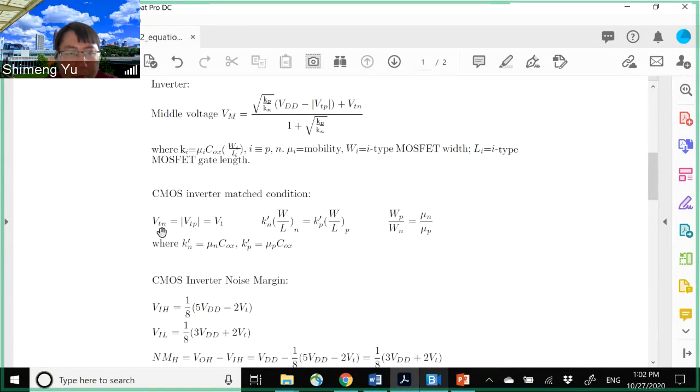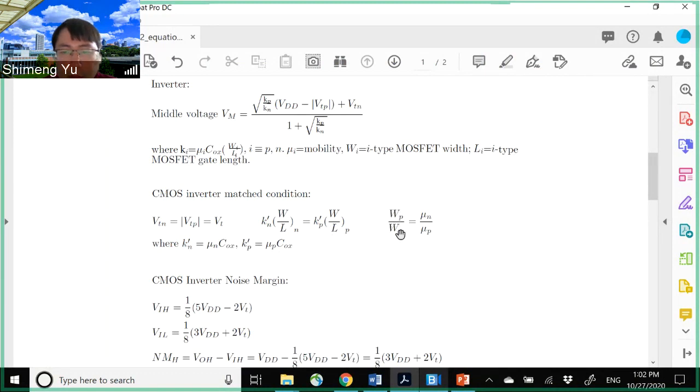So the match condition: the threshold voltage absolute values of NMOS and PMOS should be the same, and Kn and Kp should be the same. So it's mu n Cox W over Ln equals mu p Cox W over Lp. Because typically in the same technology, the NMOS and PMOS Cox will be the same, and they're going to use a minimal L, minimal channel length.